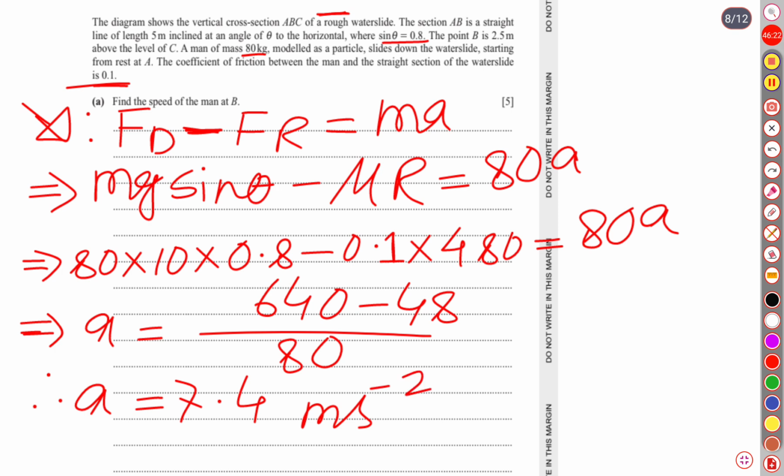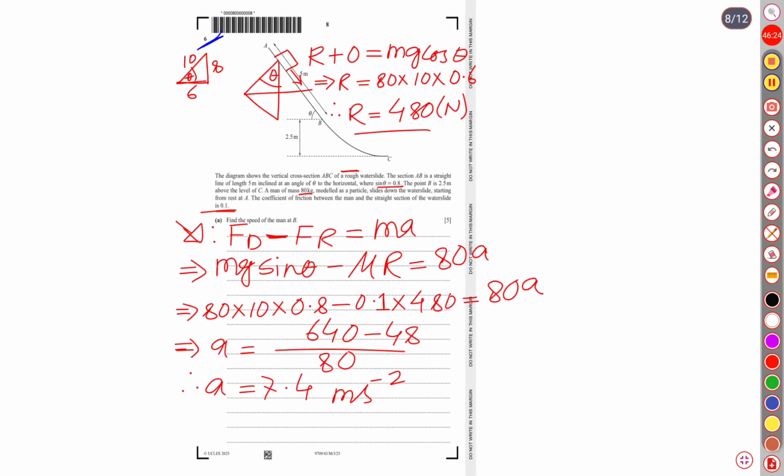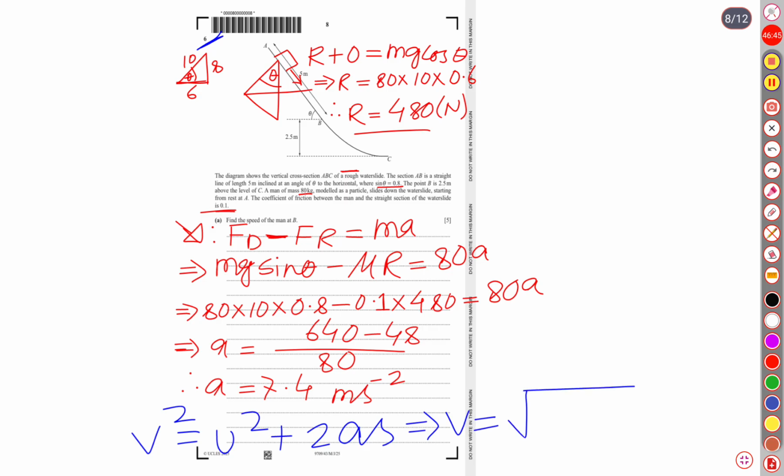So applying the concept of kinematics, we can find that v square is equal to u square plus 2as. Or v is equal to square root of u square.